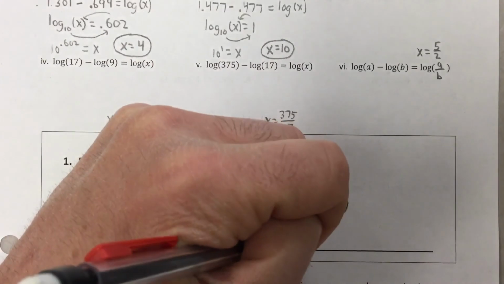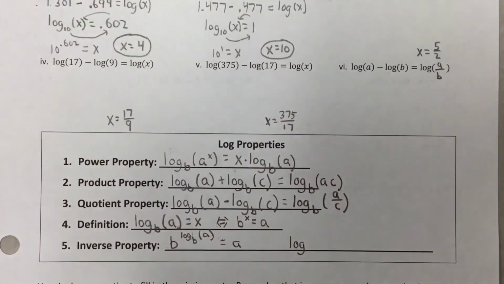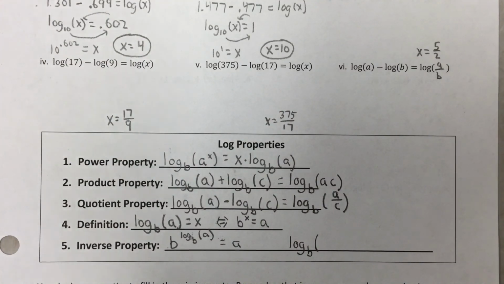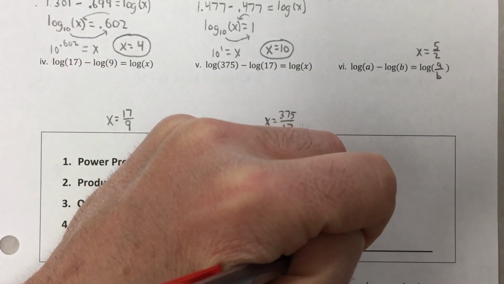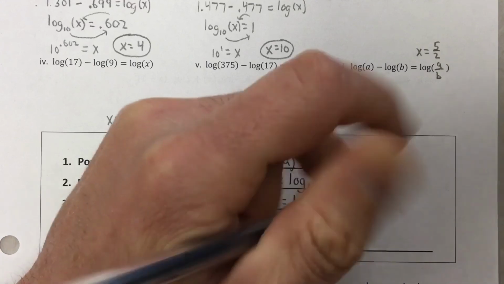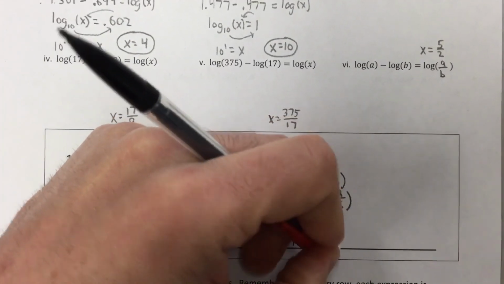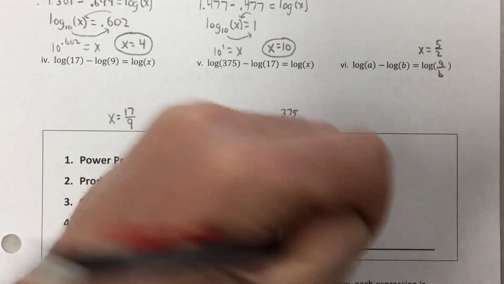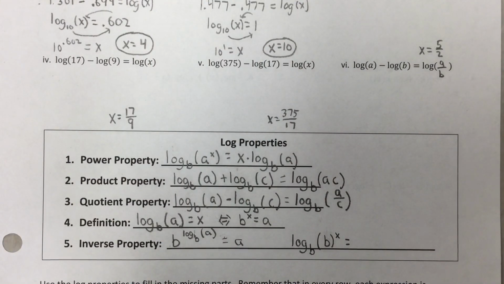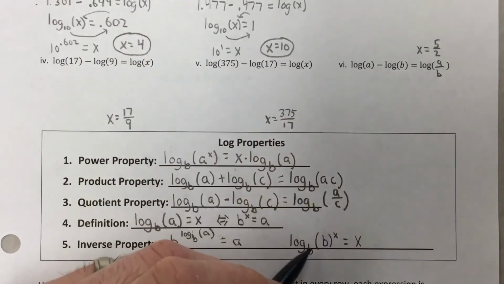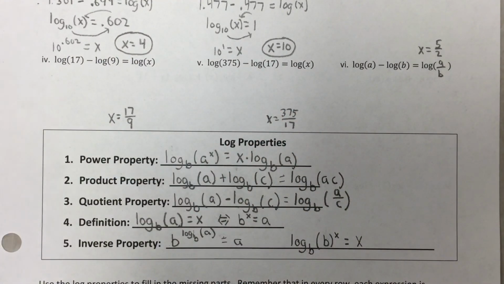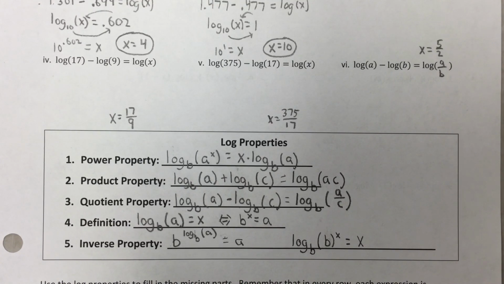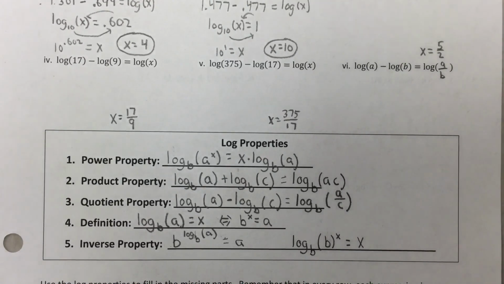Similarly, if I have a log with a base of b, and in that log, I have that same base being raised to a power, those bases again cancel out, and that equals x here. And those are our 5 properties. We'll be working more with them coming up.